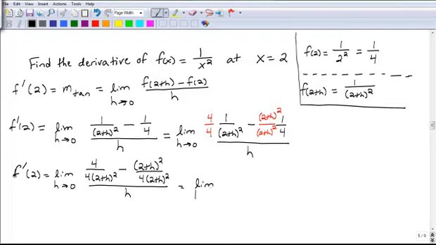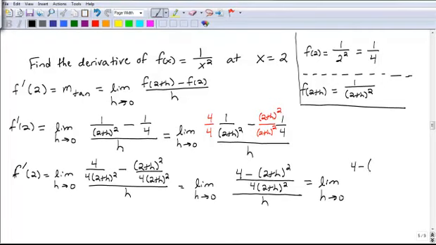What's the limit as h goes to 0 of 4 minus 2 plus h squared over 4 times 2 plus h squared all over h. Now I'm going to FOIL that out on top. It's 4 minus 2 plus h times 2 plus h.